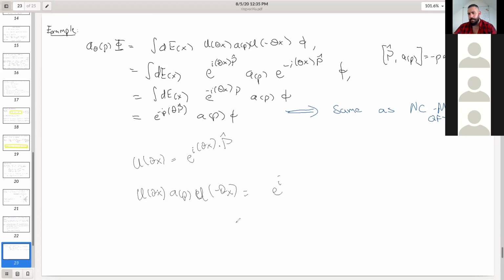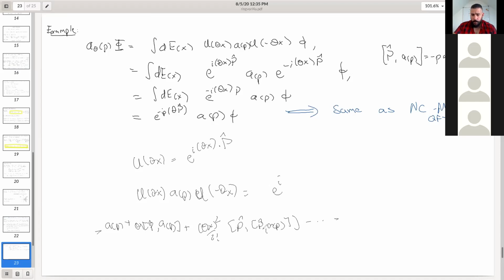You can do the Baker-Campbell-Hausdorff formula. You can do it term by term. Basically what you will get then is a(p) plus the commutator of theta x P with a(p), plus the commutator squared divided by 2 factorial, and so on, right?